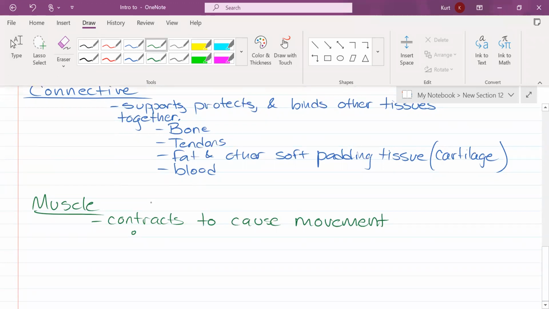Do you know which one you actually have control over, where you consciously control it? Well, which one is voluntary? Skeletal muscle, very good. So the first type of muscle is muscles attached to bones. This muscle is called skeletal muscle.